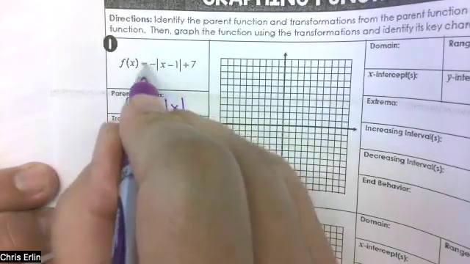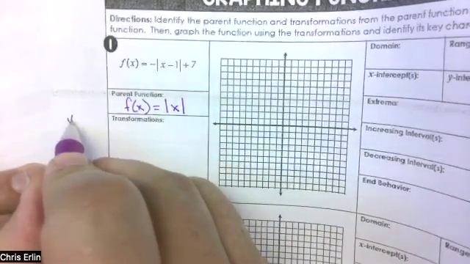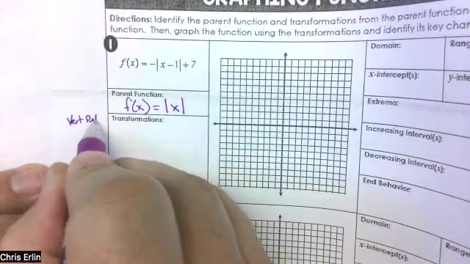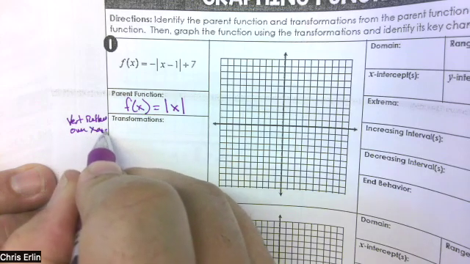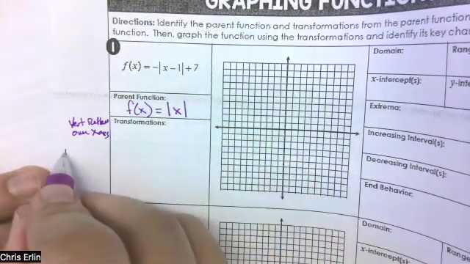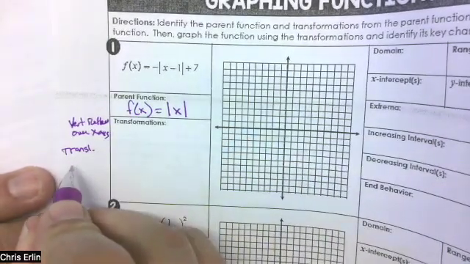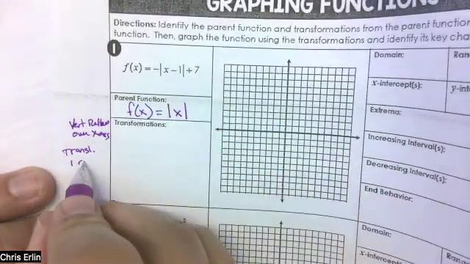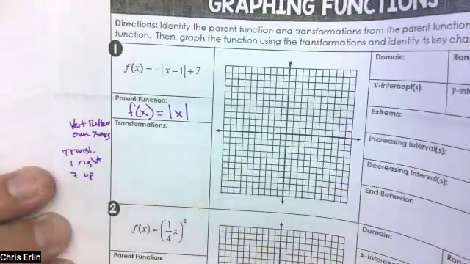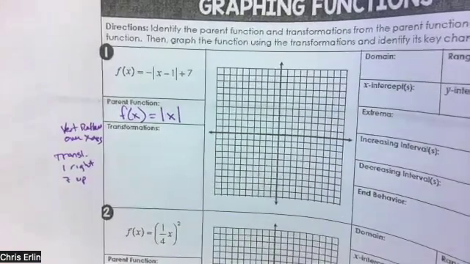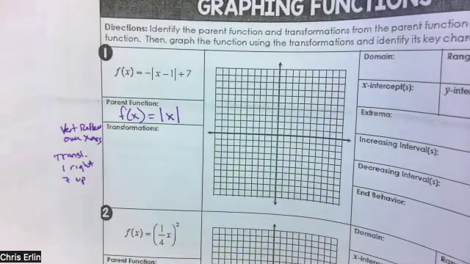So we're going to have a vertical reflection over the x-axis. We're going to have translations. This is 1 right, and this is 7 up. See if you can read my chicken scratch. Sorry about that.